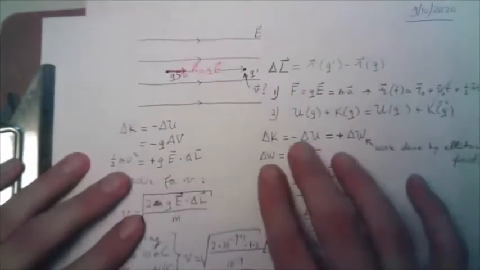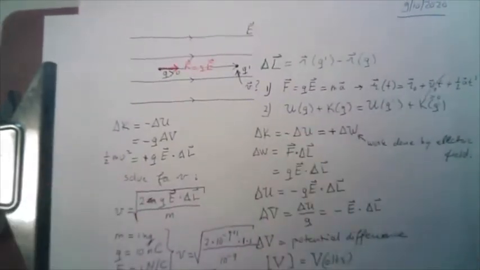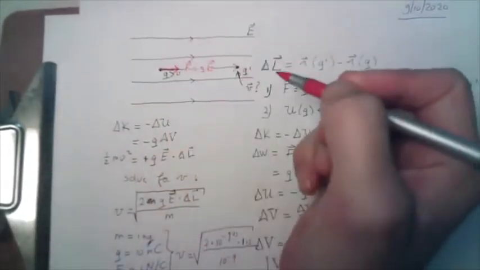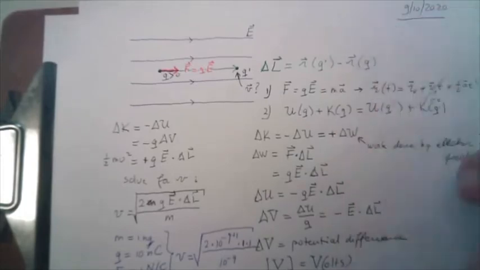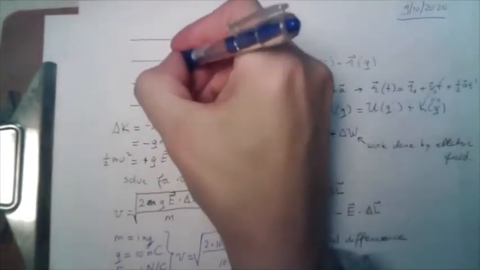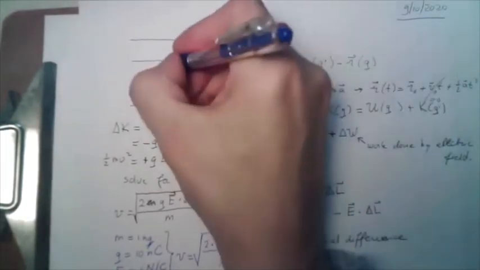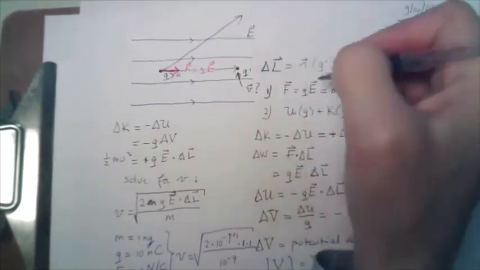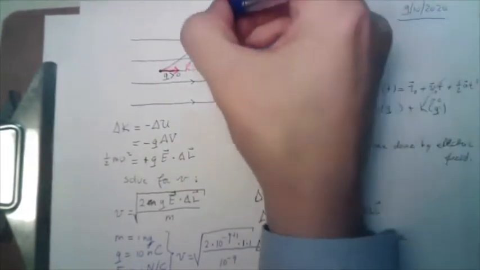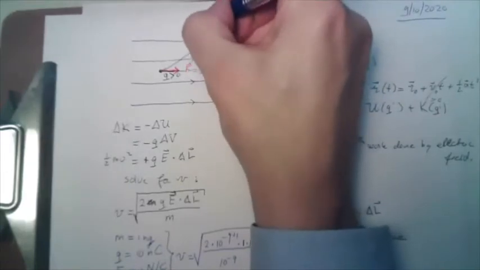So, for instance, if through some means we don't make it go the green path, but we make it go another path. Yeah, blue is annoying, but okay. Somehow we make it go from here to there. So the blue path is another delta L.